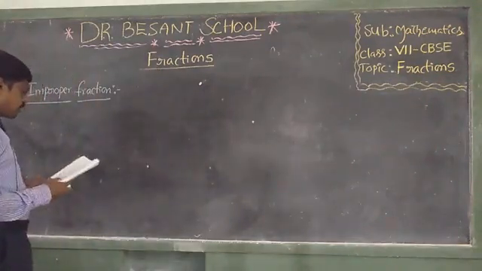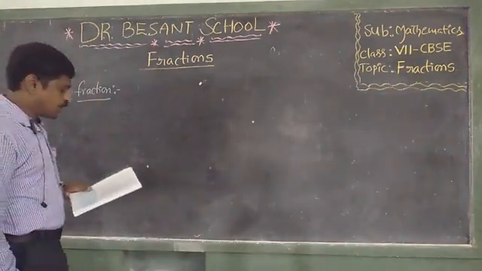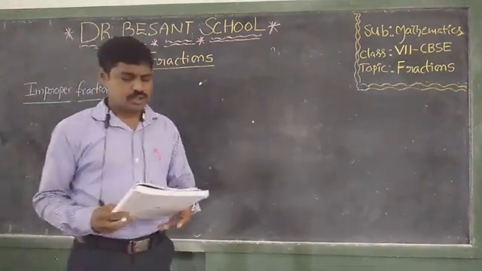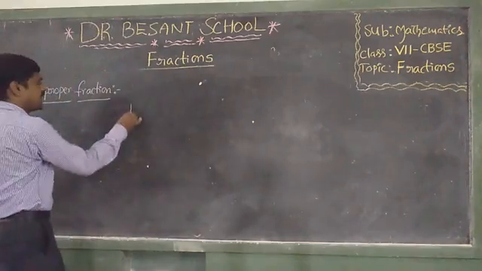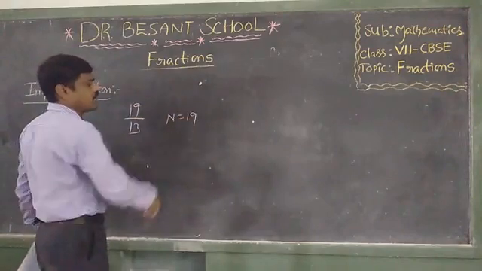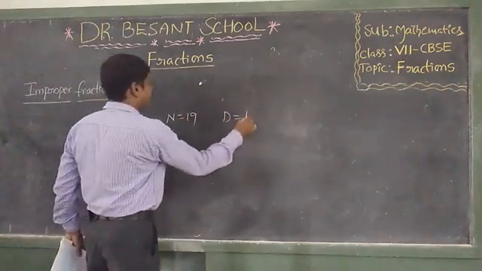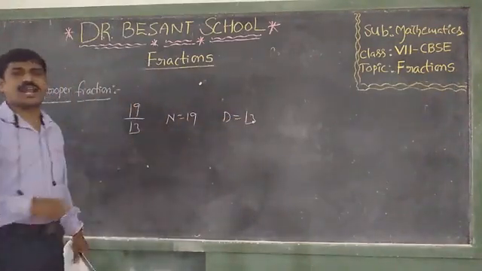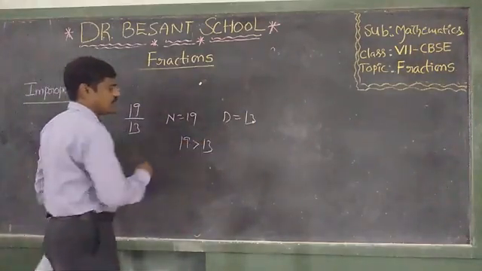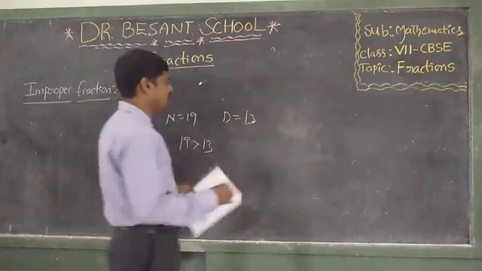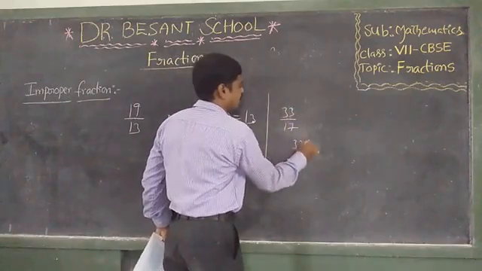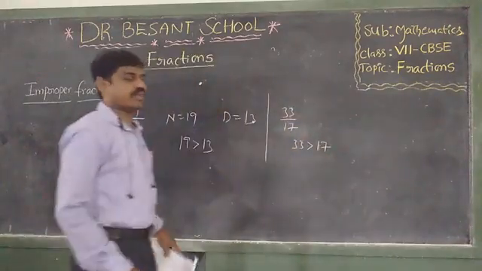So in an improper fraction the numerator is greater than the denominator. Examples: 9 by 30, 19 by 13. Observe here. What is the numerator? 19. What is the denominator? 13. Now 19 is greater than 13. Next, 33 by 17. 33 is greater than 17.